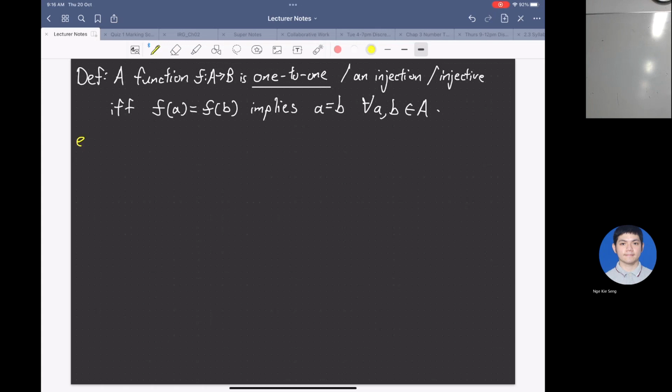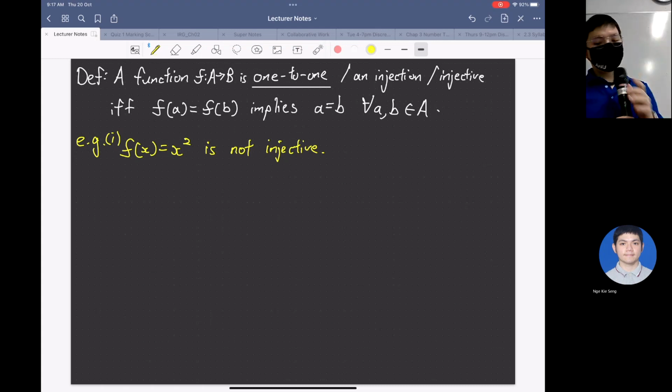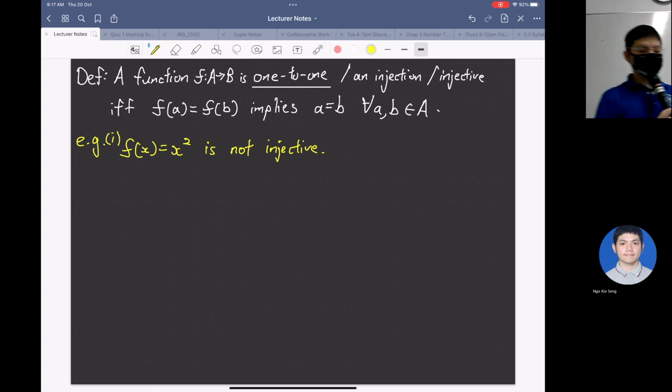So for example, f(x) equal to x squared is not injective. Anyone know why? Yes, you can take the positive and the negative, they share the same image.